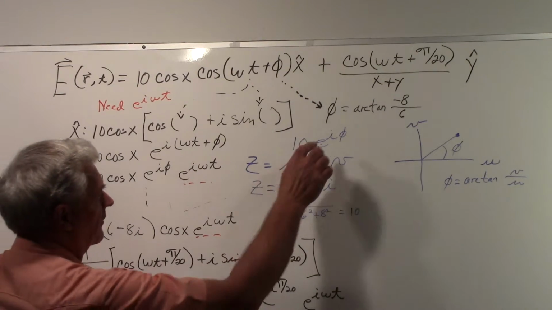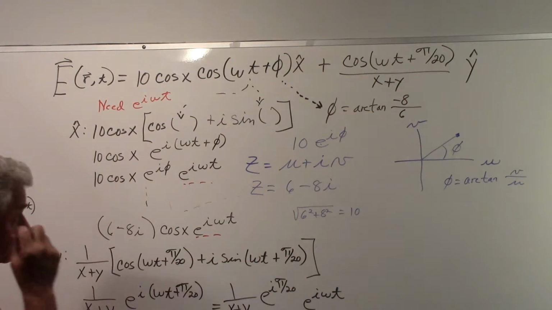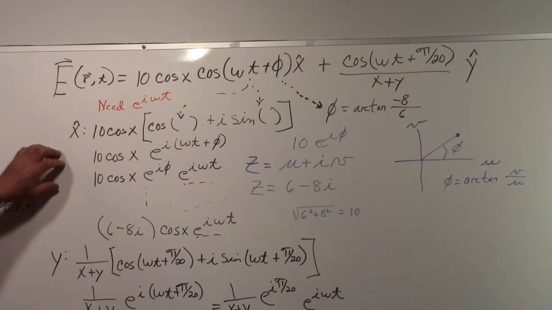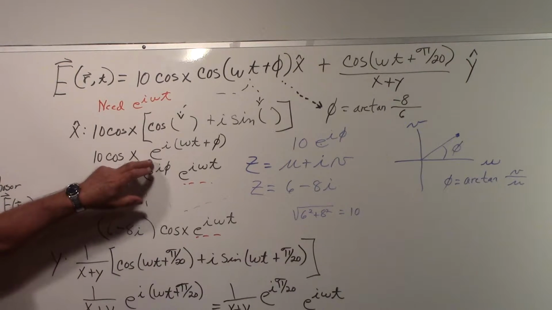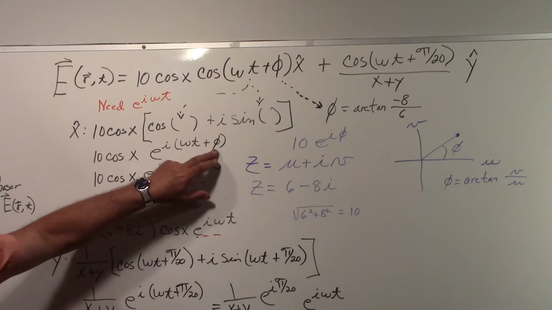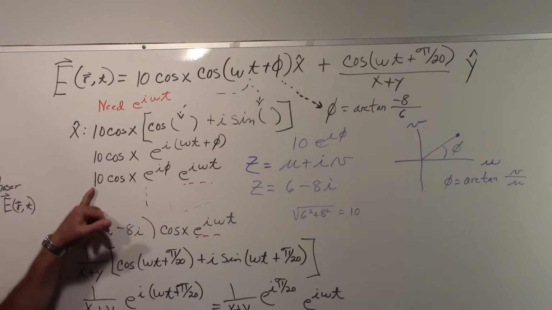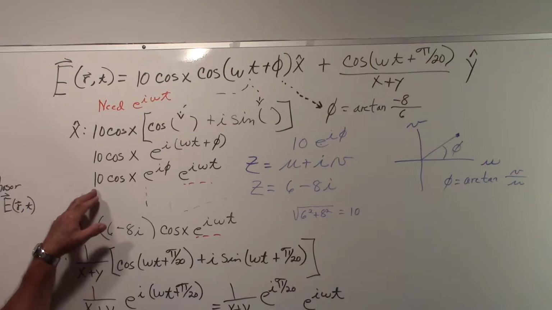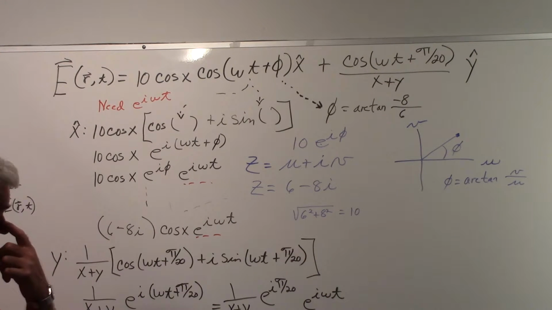And we found in part 3 that phi is equal to the arctan of minus 8 over 6. We'll use that in a little bit. So using the Euler formula, we can get down to now 10 cosine x e to the I omega t plus phi. And we'll expand out that exponent. So that'll be 10 cosine x e to the I phi e to the I omega t.